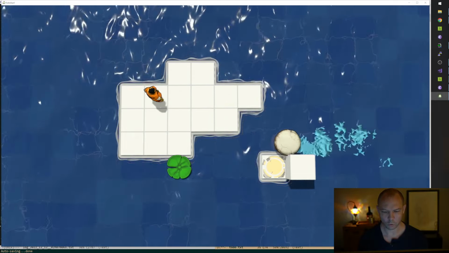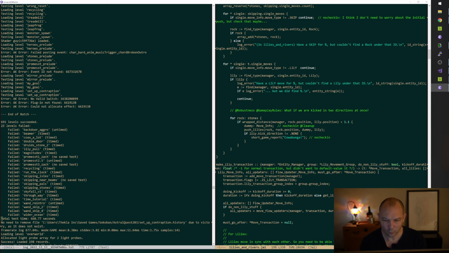So, if there is no lack of ocean, then we do this. If Billy Ocean is there, and then in the skipping stones, same thing.